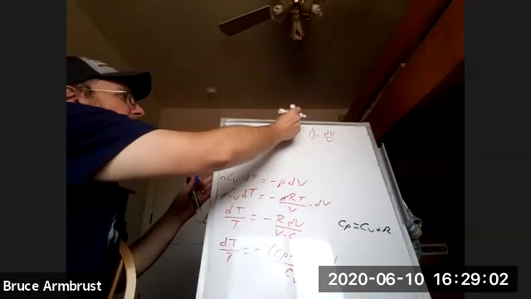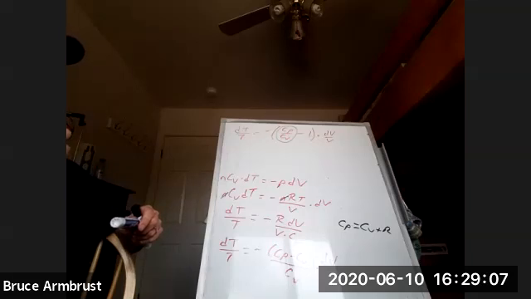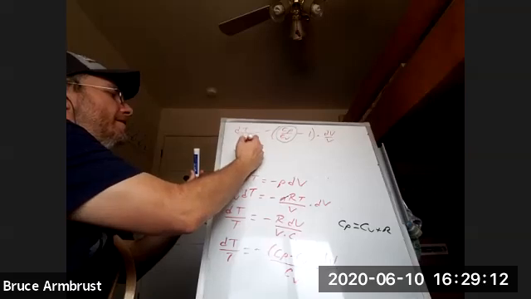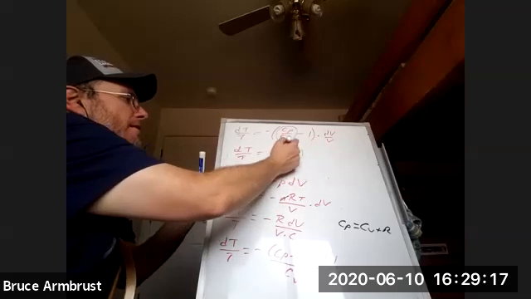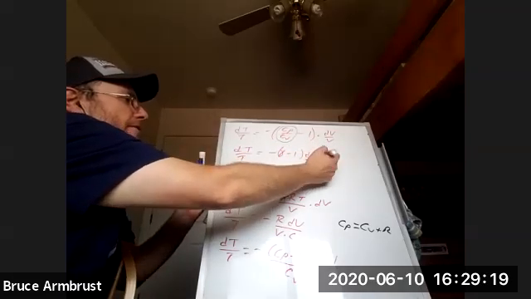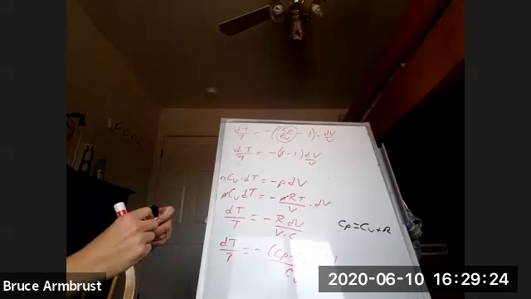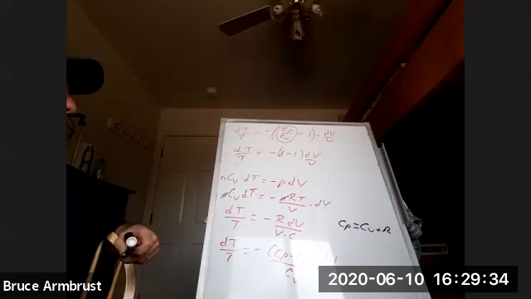And here is that ratio of those heat capacities. That was that guy gamma. So I can rewrite this as dT over T equals negative gamma minus 1, dV over V. All right.